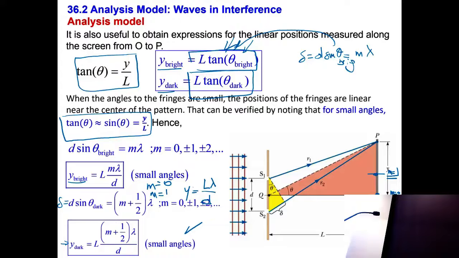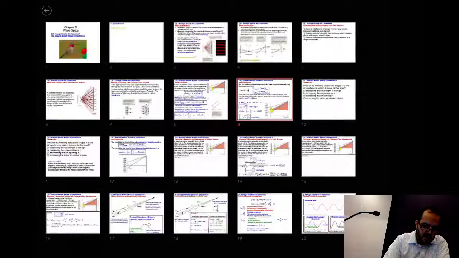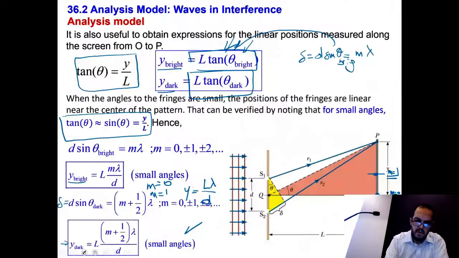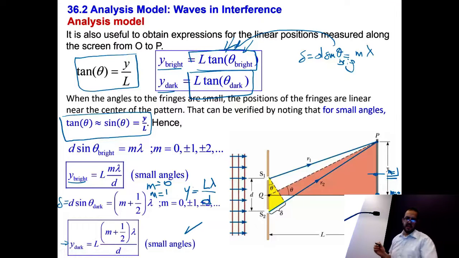So notice now, this is a little bit different. Let's do the dark spots. The first dark spot is when m is equal to 0. When m is equal to 0, y dark is going to be 1/2 lambda times L divided by d.